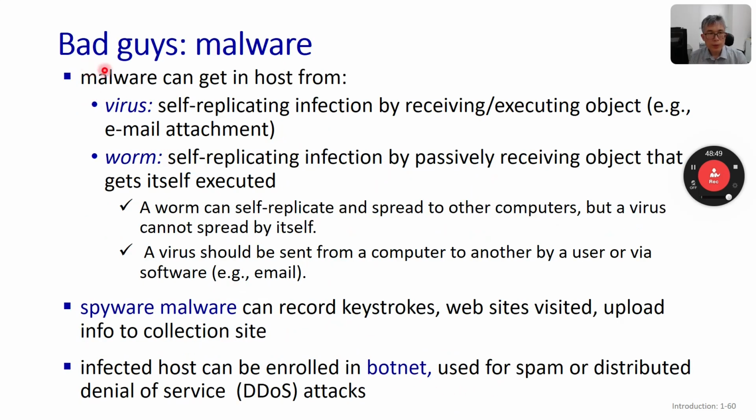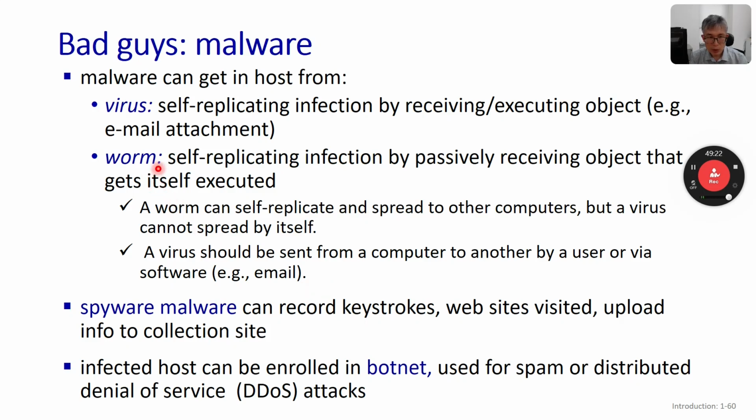So bad guys use malicious software called malware. Malware can get into a host using a virus or a worm. A virus is self-replicating, infecting by receiving an executable object, such as an email attachment. But a virus must be sent from one computer to another by a user or by software such as email.